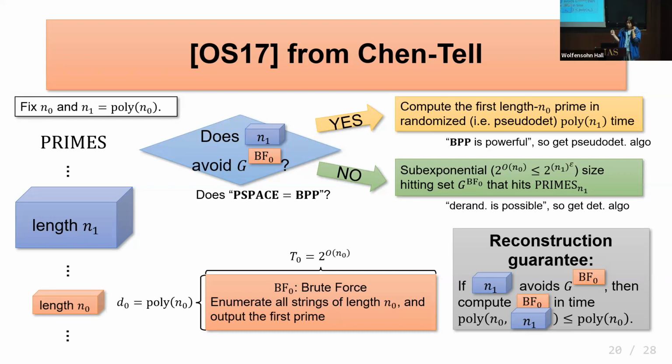If it does not avoid G, right, if it does not avoid G, so it is fine. Oh, so the oracle doesn't avoid the generator means the generator hits the oracle. So if you want to find something in the oracle, you can just go through the generator.